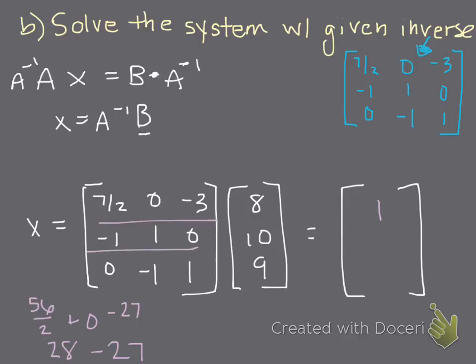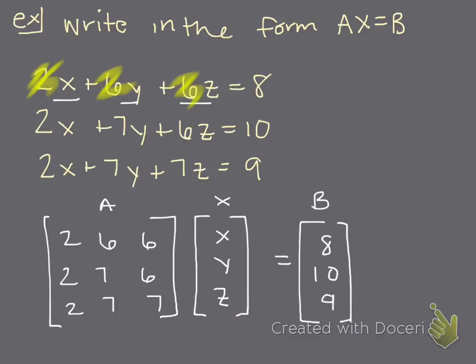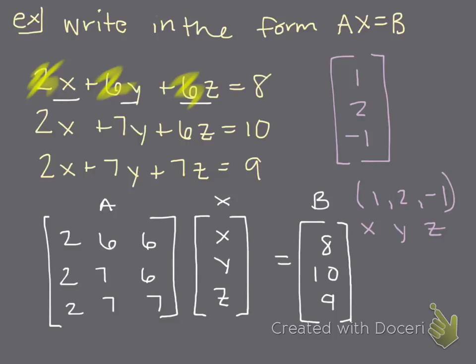Now for my second row, I'll get -8 plus 10 plus 0, and -8 plus 10 is 2. For my third row, I have 0 minus 10 plus 9, so I get -1. To interpret these three answers in terms of the system, I got the solution of 1, 2, -1 for my x, y, z values.